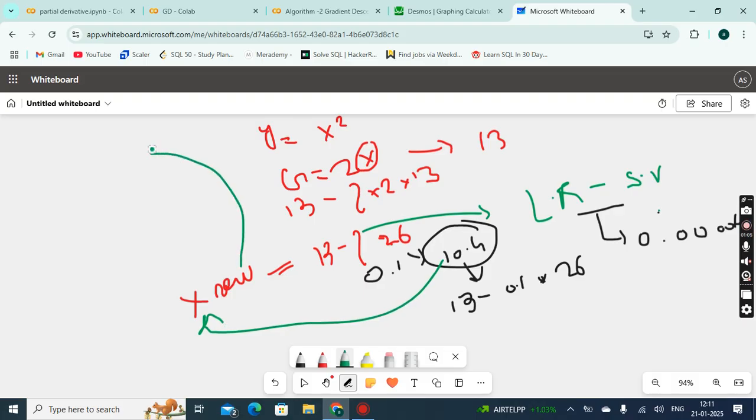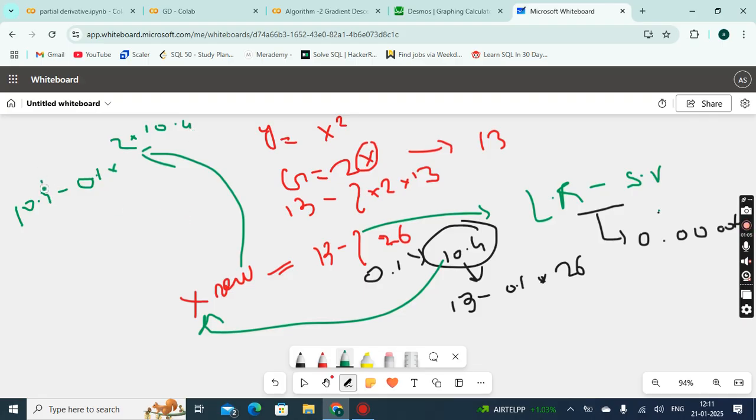Now again the formula of gradient descent starts from the beginning again. So now you will have 10.4 minus 0.1 into 26. Not 26, I am sorry. Rather it will be 2 into 10.4 because now my x value is 10.4.